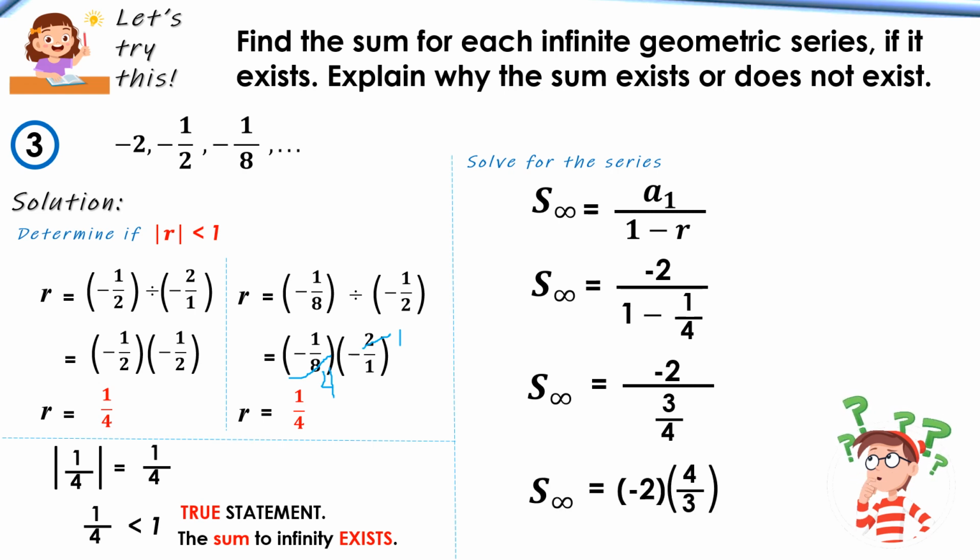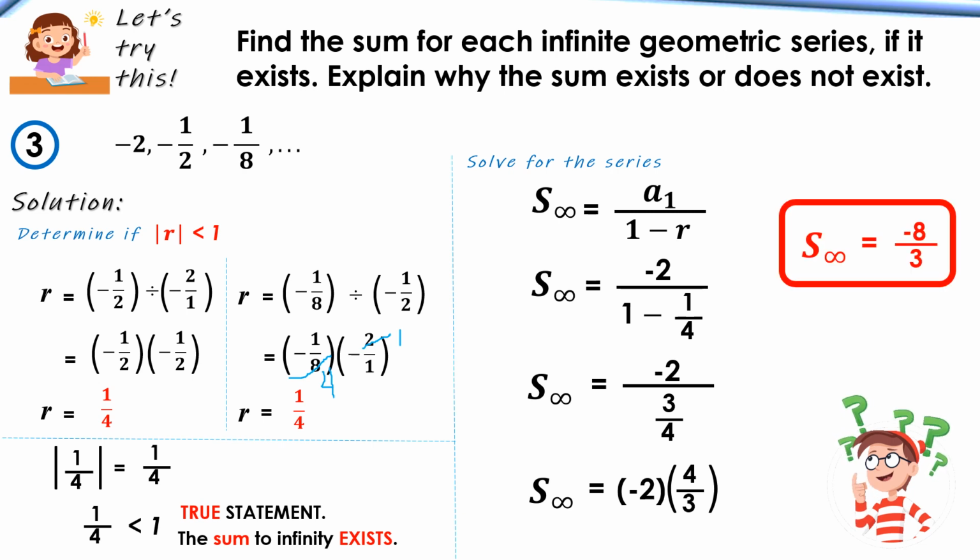And that will be negative 2 times 4 over 3. And that will give us negative 8 over 3. Again, accepted na ang ganitong format ng answer. Kung gusto nyo naman na i-convert sa decimal ang final answer nyo, walang problema. You round off na lang your final answer to at least 3 decimal places.